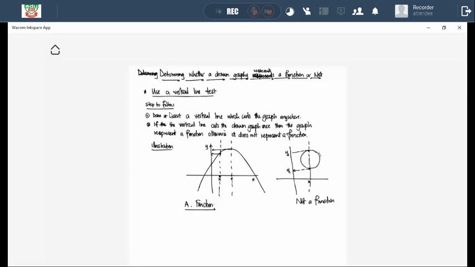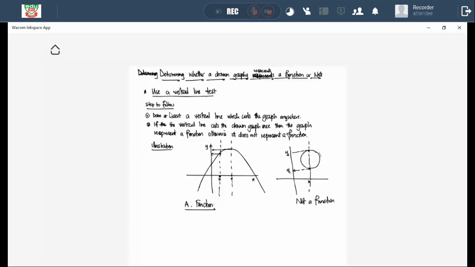Okay, right. Now let's look at the next aspect. We've managed to deduce a method which is going to help us identify what a function is. Now I want us to go further. We've got two types of functions. There is a one-to-one function. There is a many-to-one function.